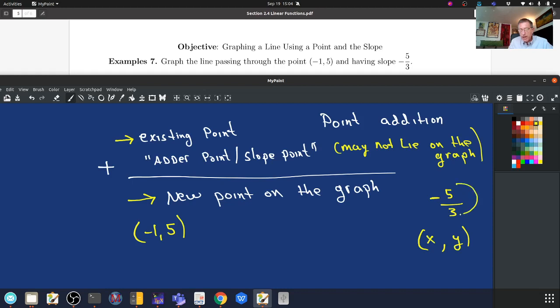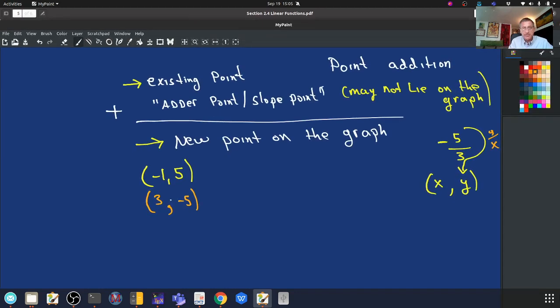So 5 minus 5 is my y and 3 is my x. So my adder point, numerator minus 5, denominator 3. So it's y over x, just remember that. And I'm ready to go.